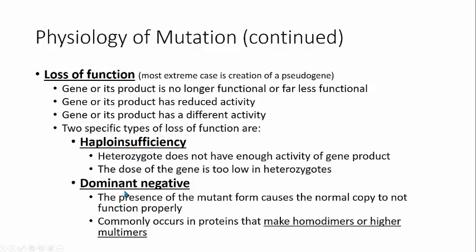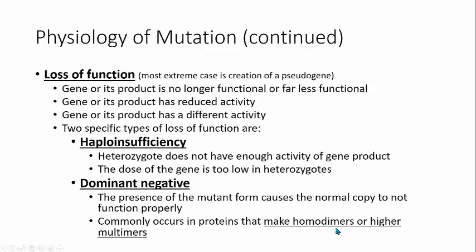The primary difference between haploinsufficiency and dominant negative is that in haploinsufficiency, we're talking about something that is usually a single copy gene, and there is too low a dose of that gene in a heterozygote individual. In a dominant negative, you will always note it is a dominant negative because the protein has to at least dimerize.